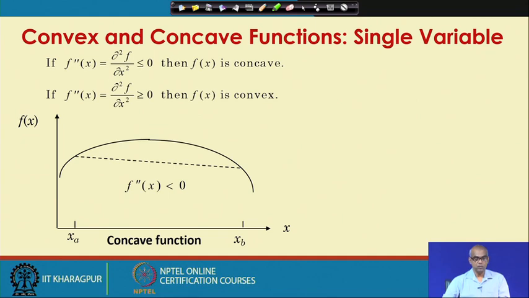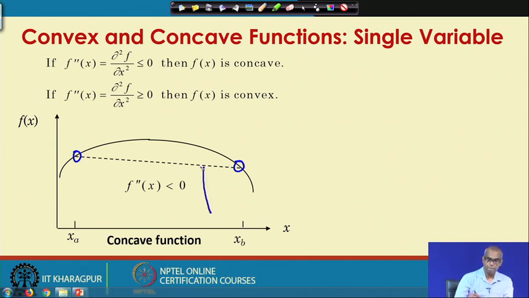So, note the graph of a concave function. Now, if you take any 2 points on this concave function and join them by a line, this line segment will always lie below the concave function.